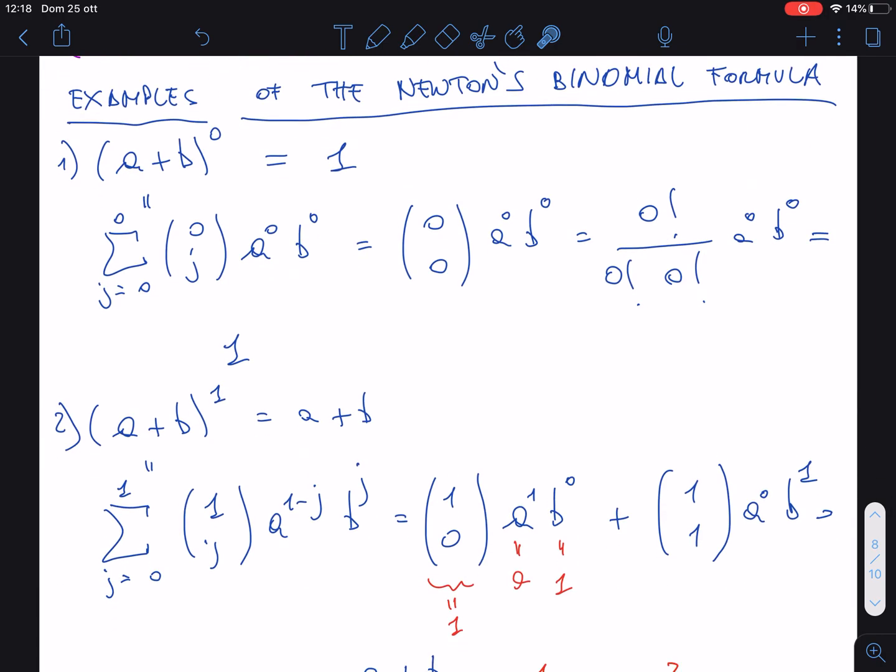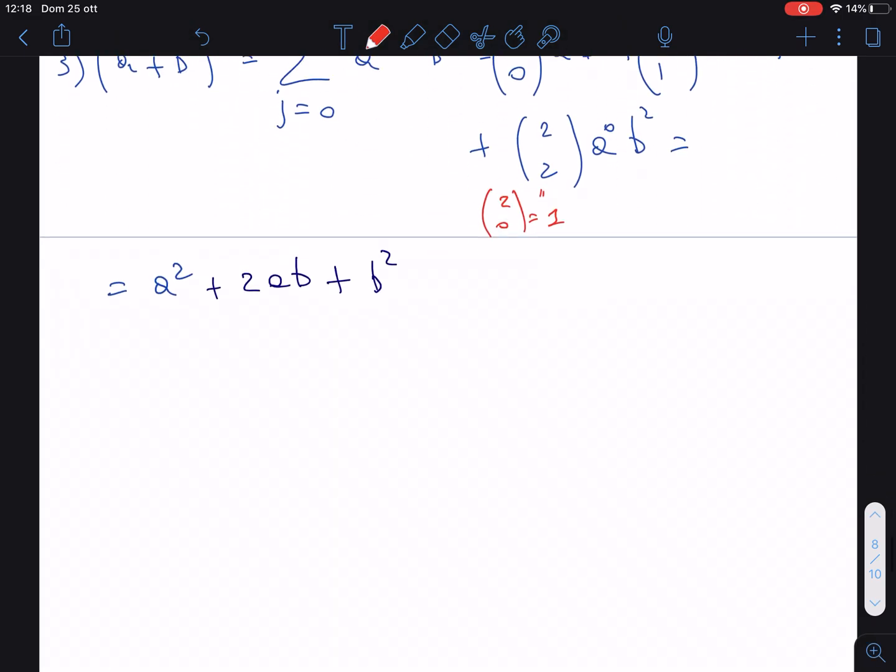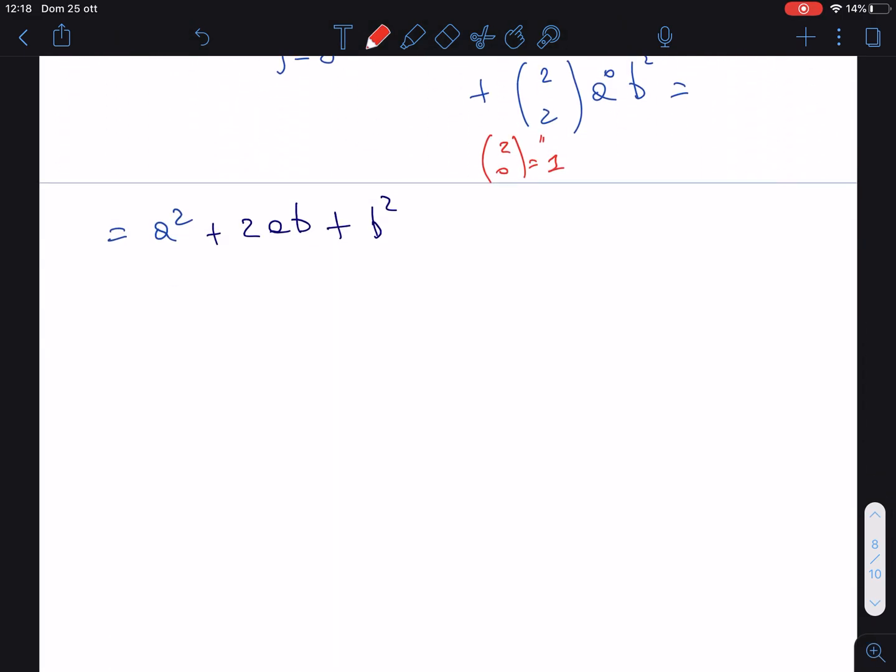And now we go for a sort of proof of this formula, okay? And so, proof. There are many ways of proving it.